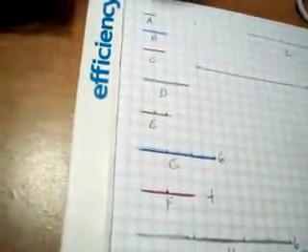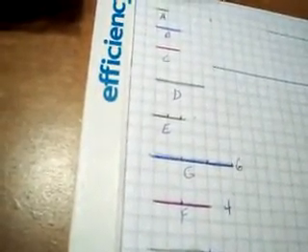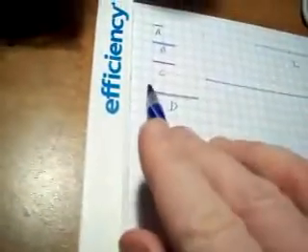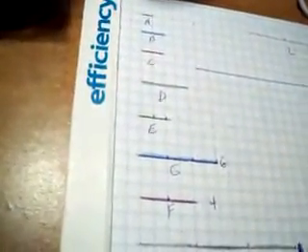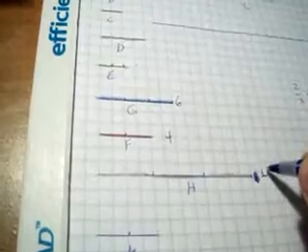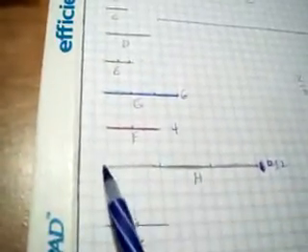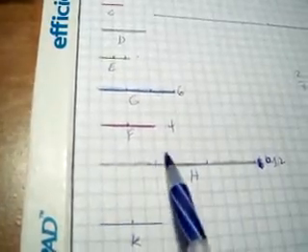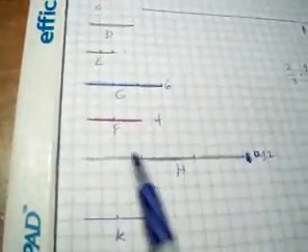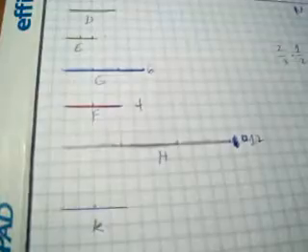But no, it's not. Nope. D was 4 inches long, so H is going to be 12 inches long. 4 inches, 4 inches, 4 inches, 4 plus 4 plus 4 is 12.